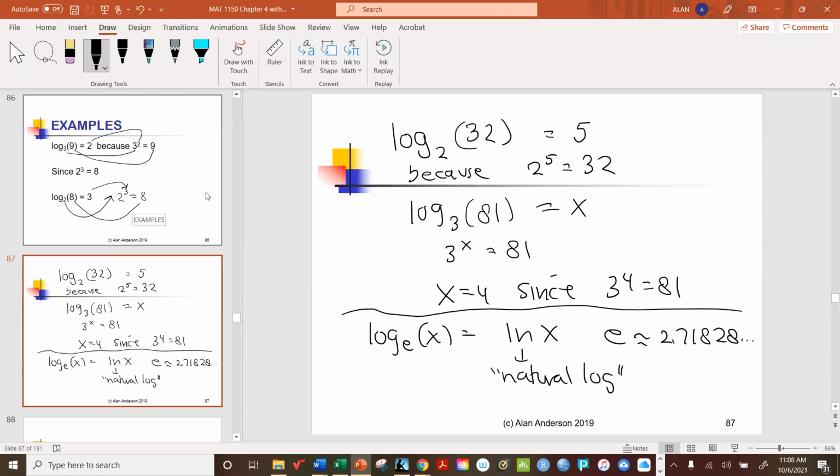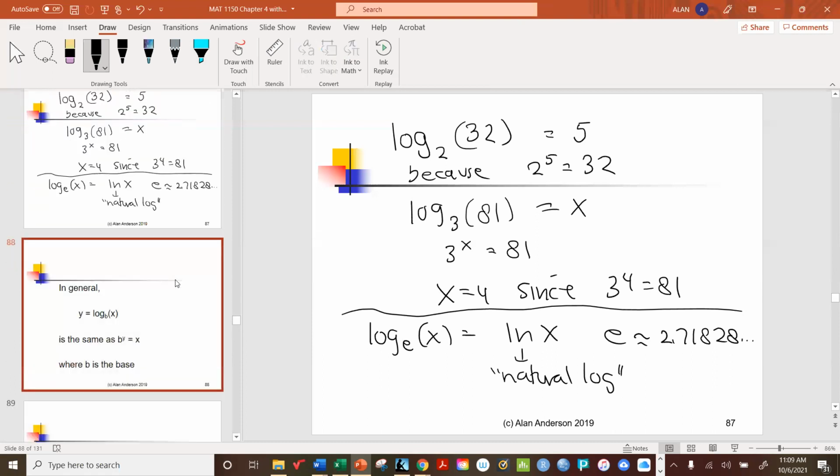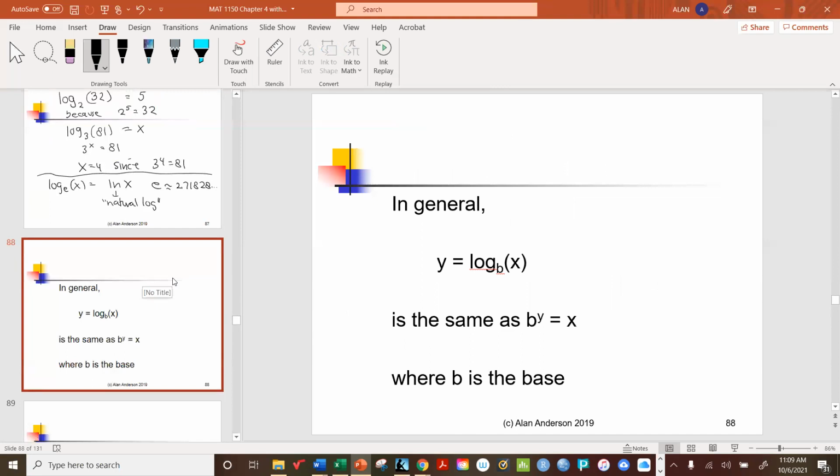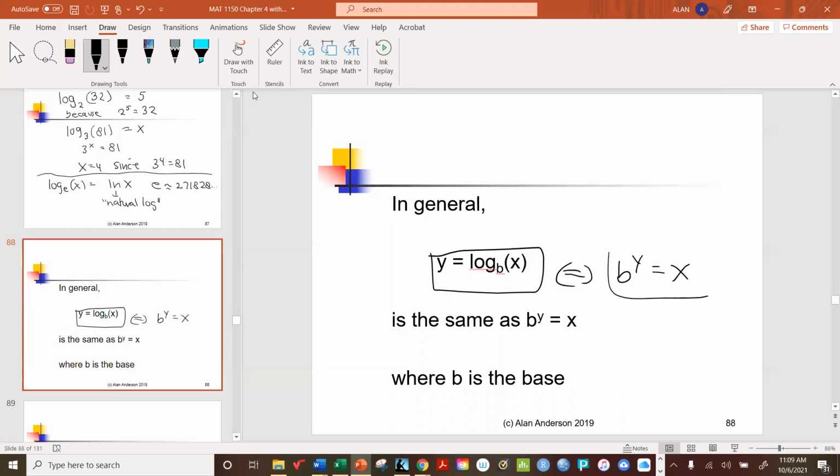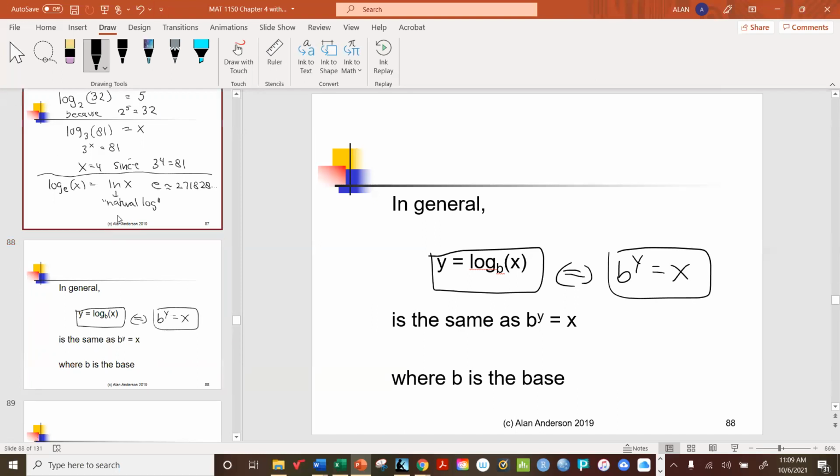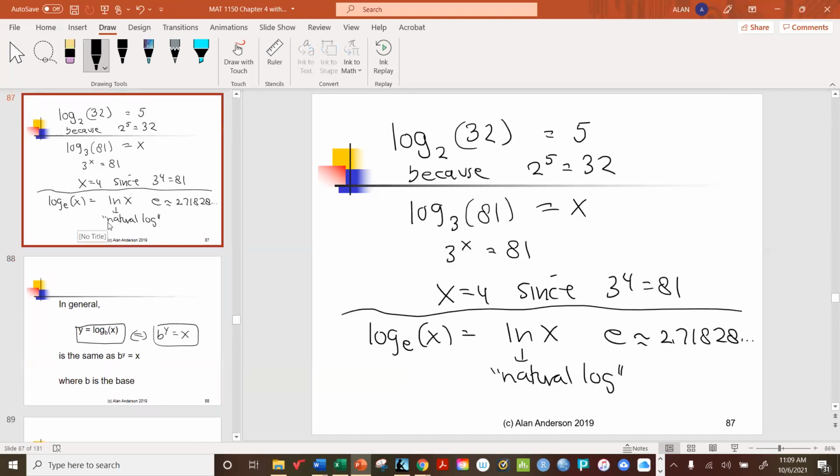All right, now, just in the most general terms, yes, Fernando. I just came up with maybe a method to make it make a little more sense. If you look at, for example, log 2, 32 equals 5, if you look at it closely, you can see that the 5 is raised as the exponent.